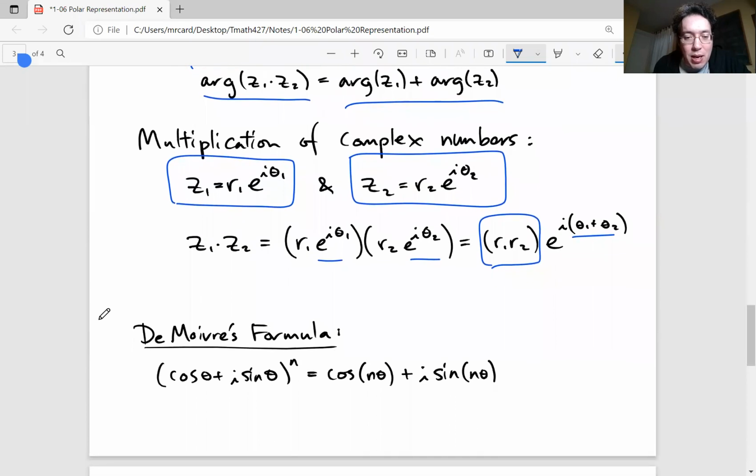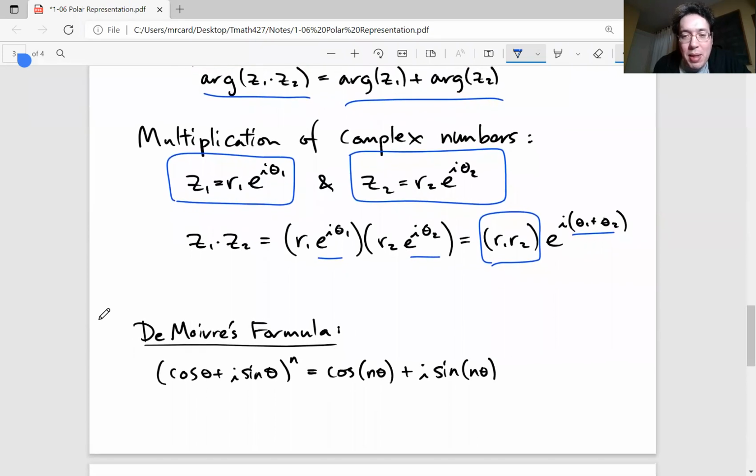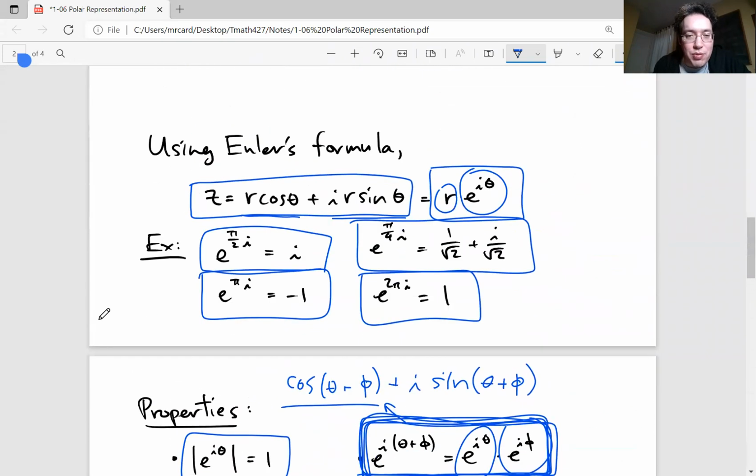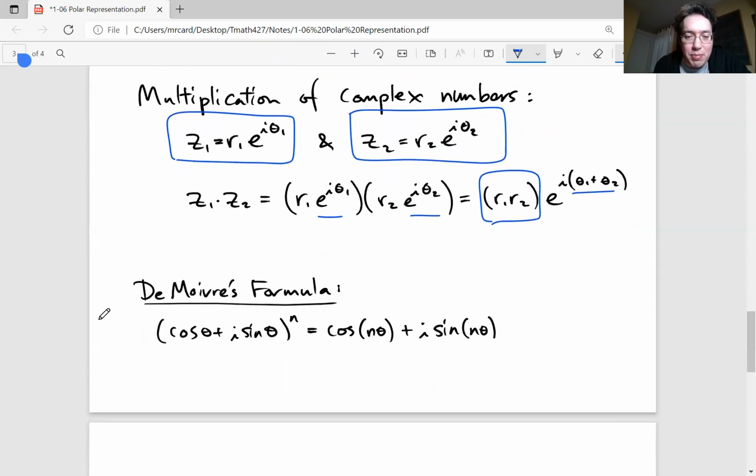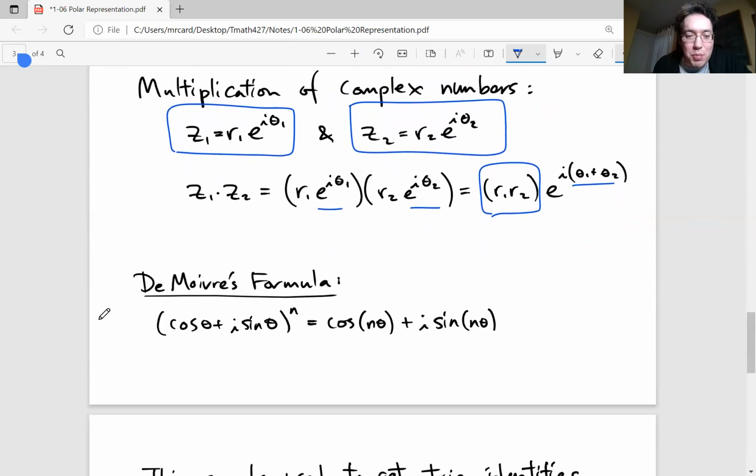Okay, all right. And once you know Euler's formula, de Moivre's formula is actually dead simple. On the left-hand side, we're looking at e to the i theta raised to the nth power.